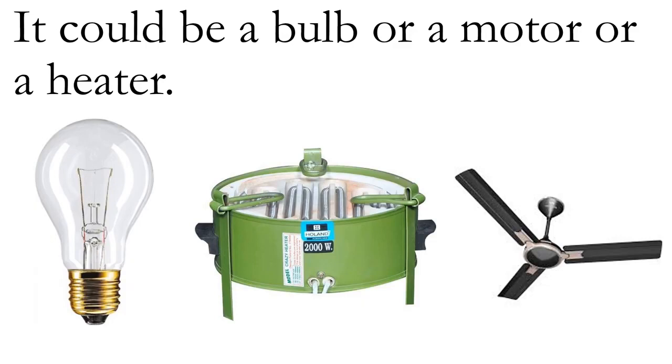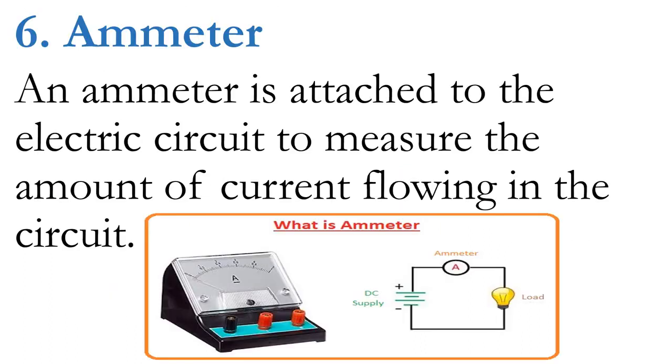In the diagrams below, you can see some of the common household appliances. The next important component of the electrical circuit is the ammeter. An ammeter is attached to the electric circuit to measure the amount of current flowing in the circuit.